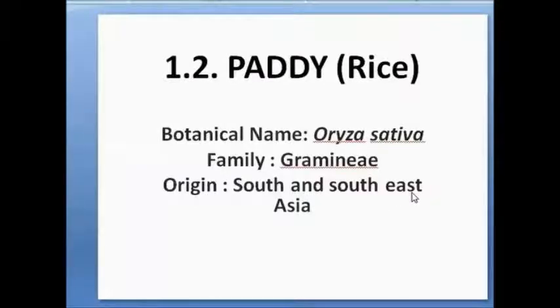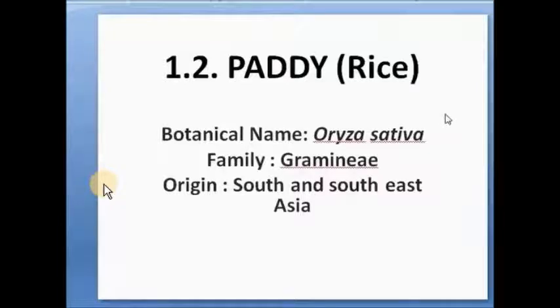Here in this case, let us go to the botanical name, Oryza sativa L. There are various botanical names, different in different countries, but the varieties belonging to this Oryza sativa L are grown on a large scale. The family is Gramineae, and we know that in this family the root system is adventitious.